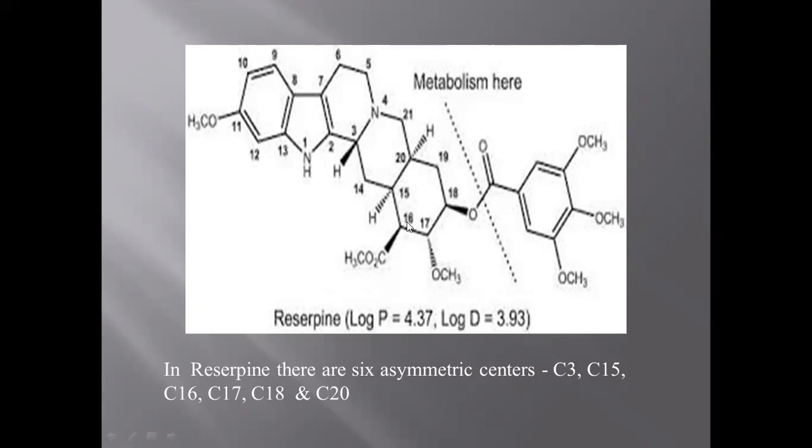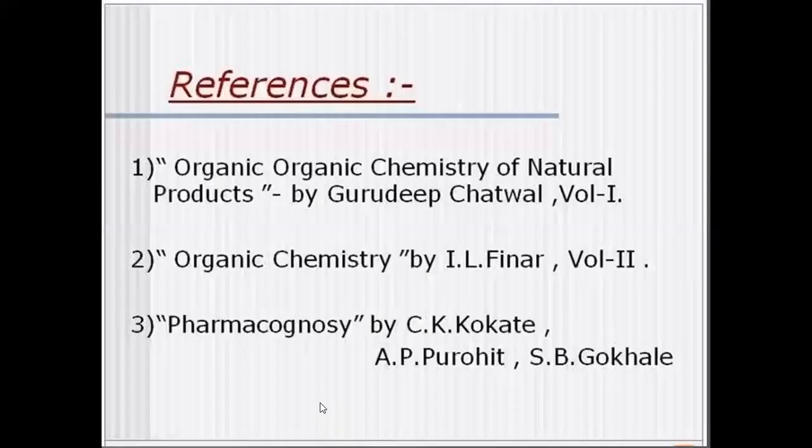And 16 is also an asymmetric carbon. 17 is also asymmetric. 18 is also asymmetric. Coming to 19, it carries 2 hydrogens. This is not asymmetric, whereas C20 is also an asymmetric carbon. Altogether, there are 6 asymmetric centers in reserpine. They are C3, 15, 16, 17, 18, and 20.